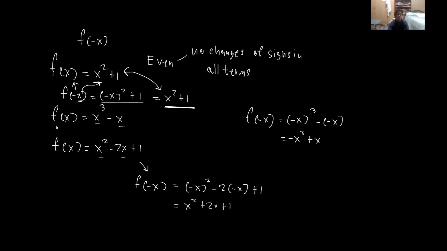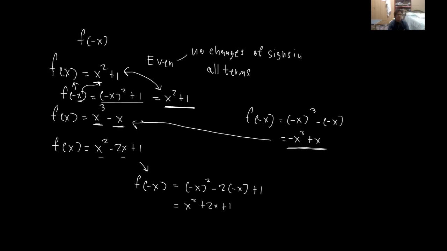Next, in the second example, we have x cubed minus x. If we substitute negative x here, what would happen? We already substituted and we have negative x cubed plus x.